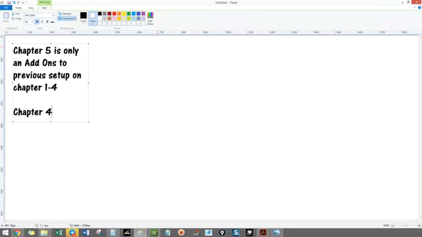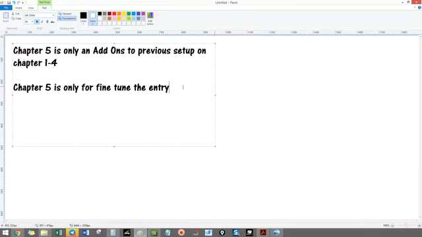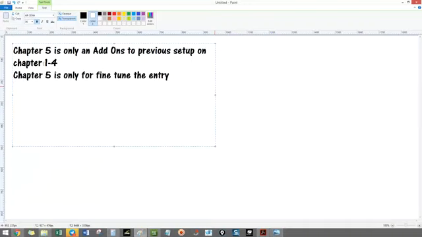Chapter 5 is only for fine tuning the entry. And it is the least important. The most important is chapter 1. Okay, I will note down this. Chapter 1, most important.